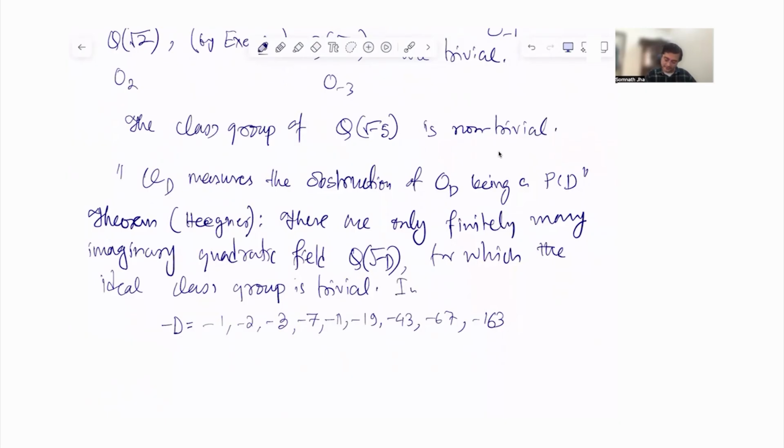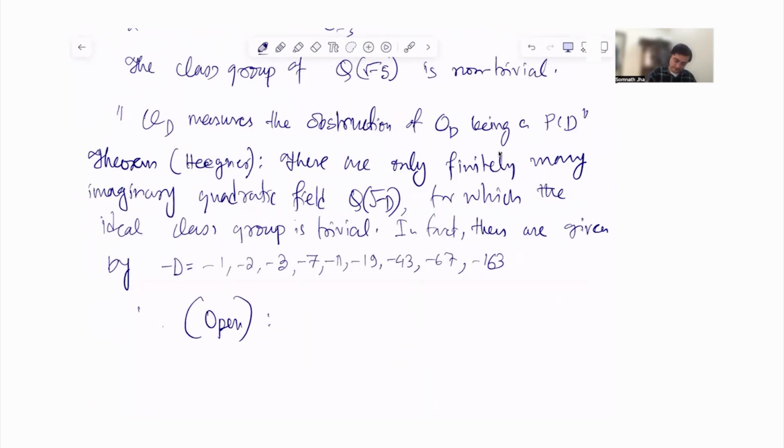In fact, they are given by these values of d.